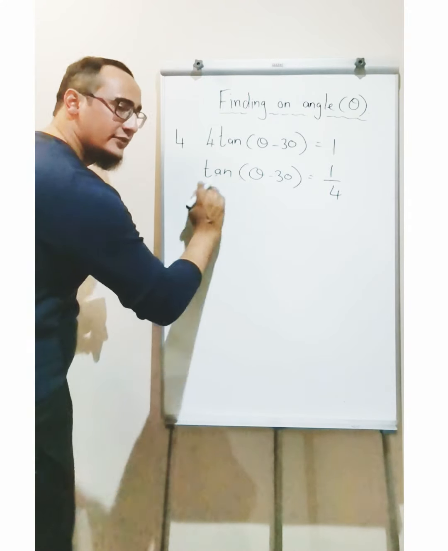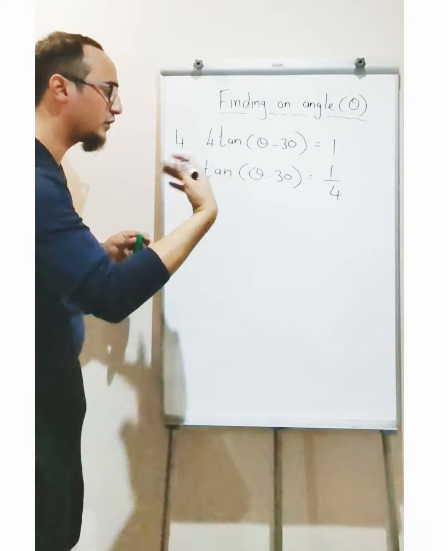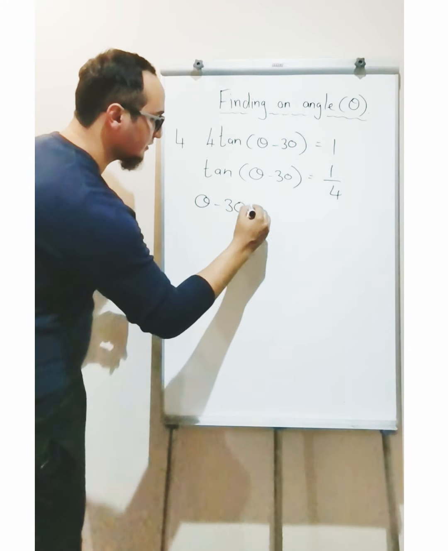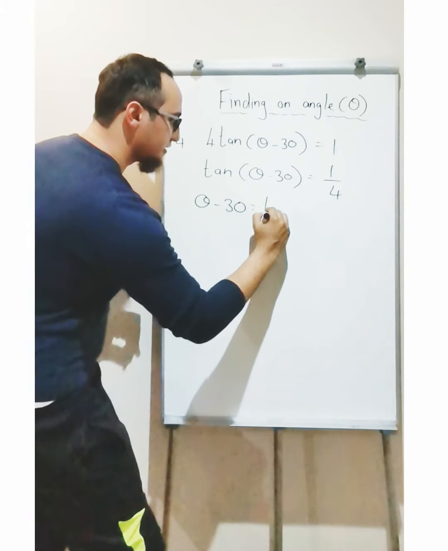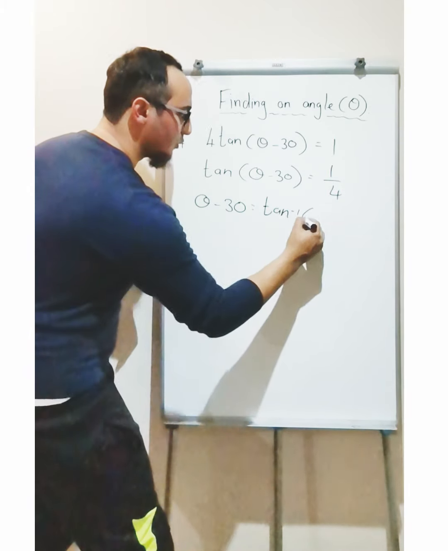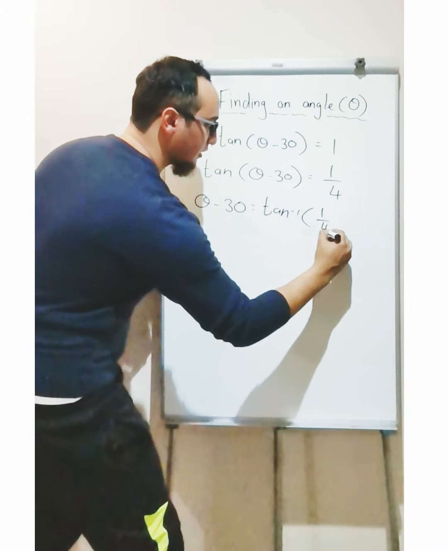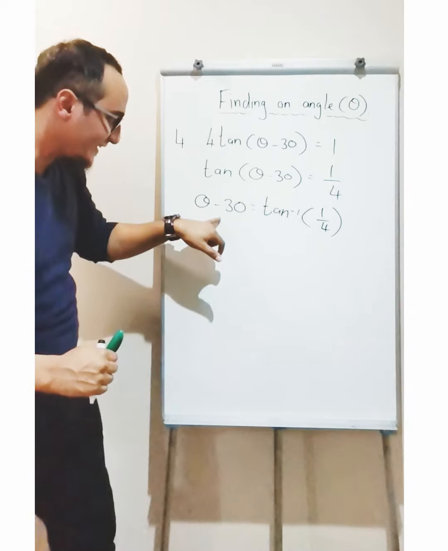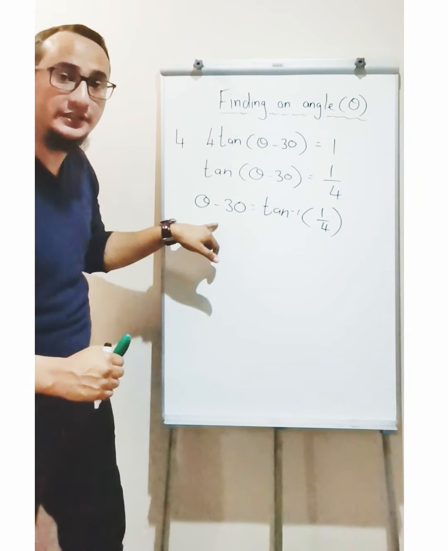And once I get rid of that tan, what do I have left? I have theta minus 30 is equal to the second function of tan. What happens? The bracket opens up. So, a quarter. Now, the next thing I do is I get rid of this negative 30 over here.